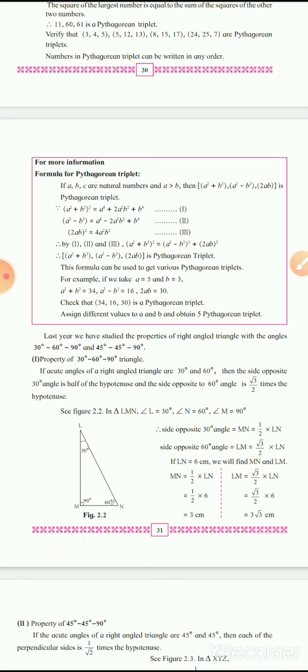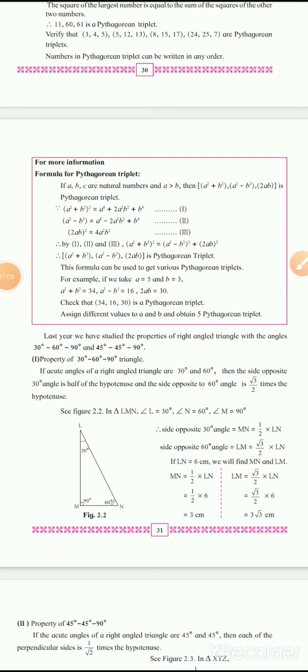Now the side opposite the 60-degree angle is LM. LM is equal to root 3 upon 2 into LN. Root 3 upon 2 into LN means 6, so 2 3s are 6, so 3 multiplied by root 3 is equal to 3 root 3, so LM is equal to 3 root 3 centimeter.